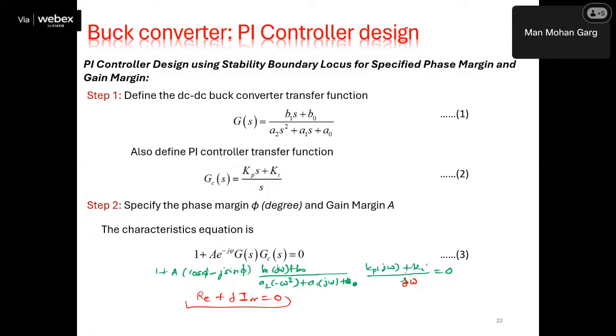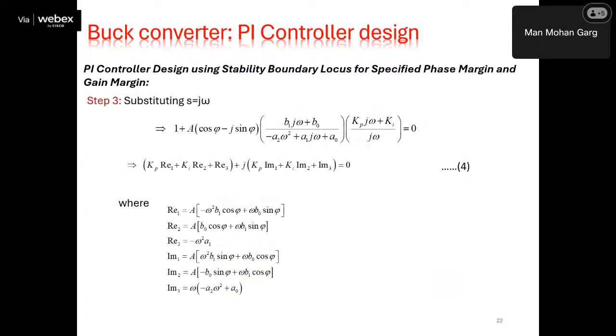The same equation is written here: 1 plus A e raised to power minus j phi, GS, GCS. We have put these values. Now we simplify, so we get two terms, one the real terms and another the imaginary terms, equal to 0.